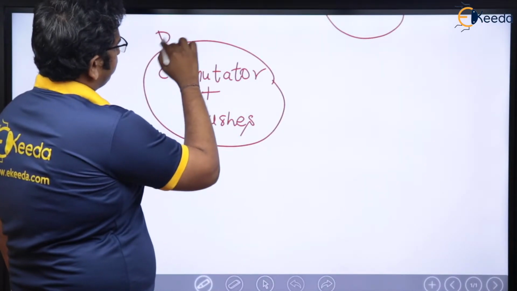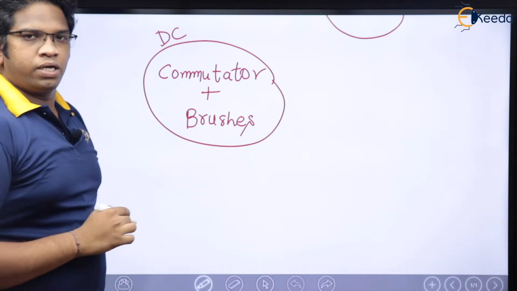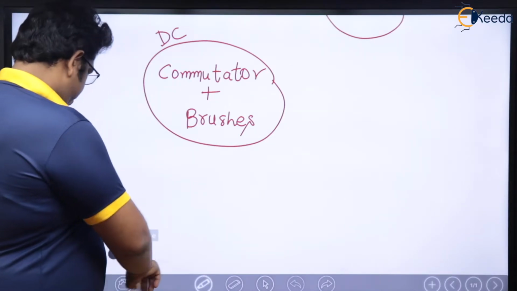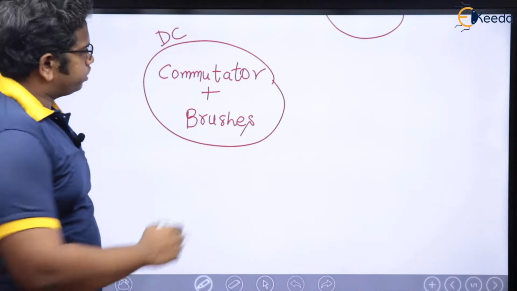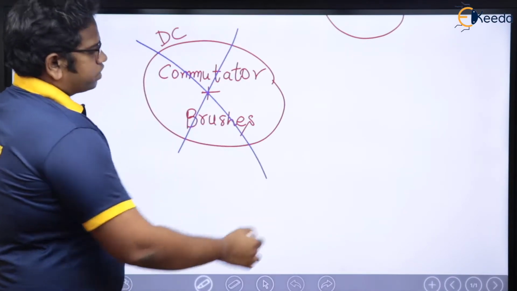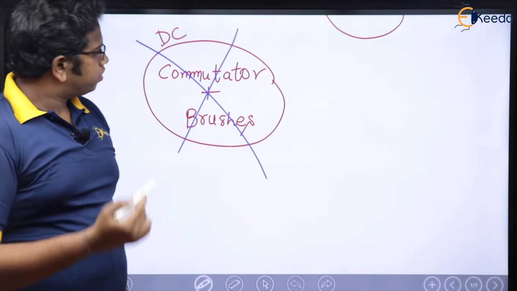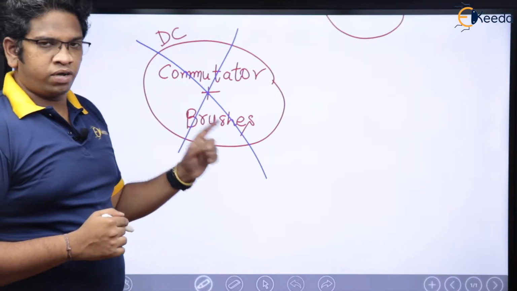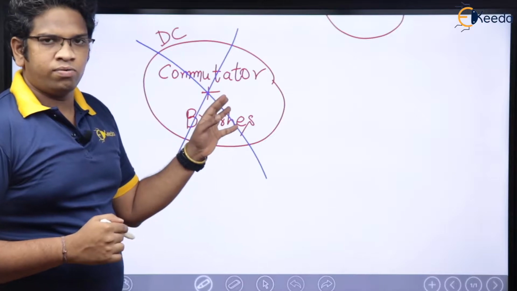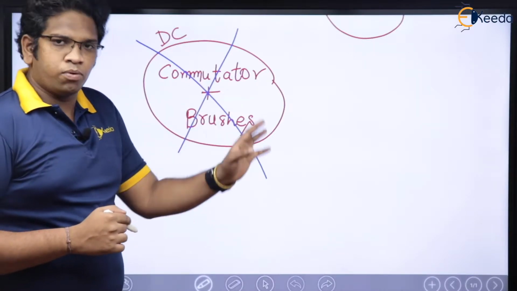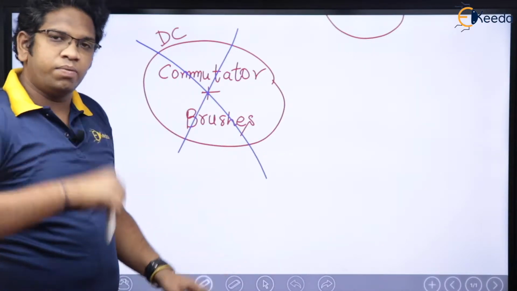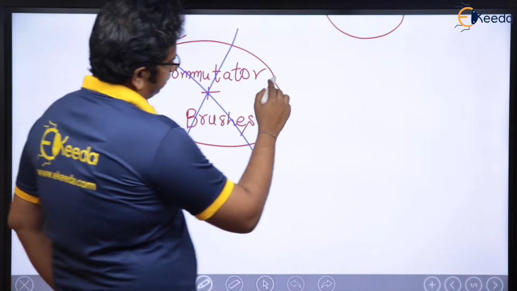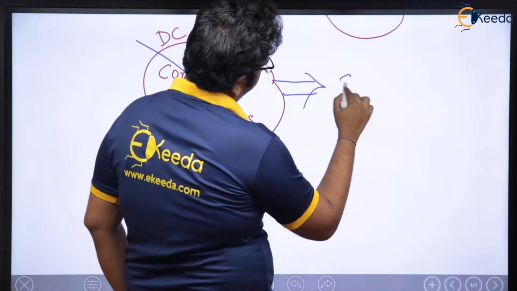This is what we have in case of a DC motor. But in case of a BLDC motor, both these things will not be there. The operation that was done in a DC motor will now be done by something called electronic commutation.